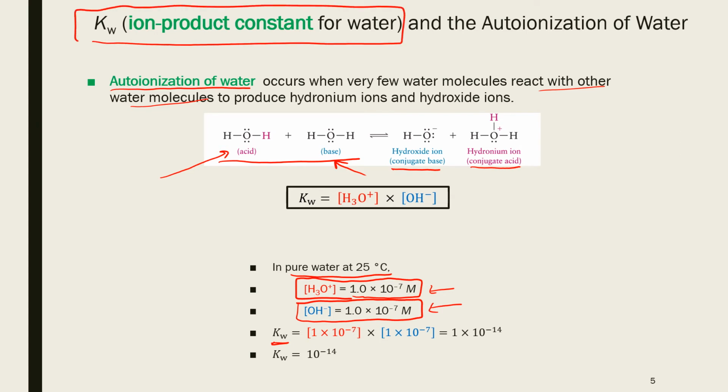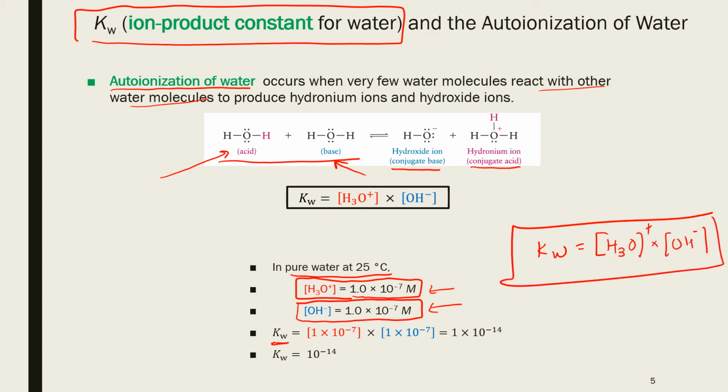The ion product constant for water can be found by multiplying the concentration of hydronium ions and the concentration of hydroxide ions. As we learned earlier, both hydronium ion and hydroxide ion concentration is 1.0 times 10 to the negative 7.